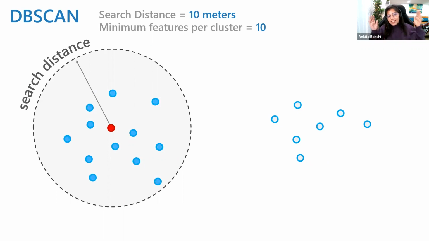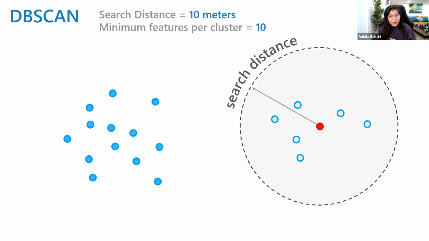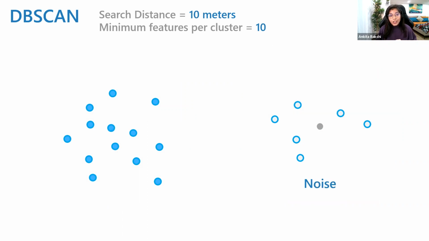Since both conditions are met, this area will be defined as a high density region. For the example on my right, within the search distance, I do not have 10 features. So this will be classified as a low density region, and hence marked as noise.